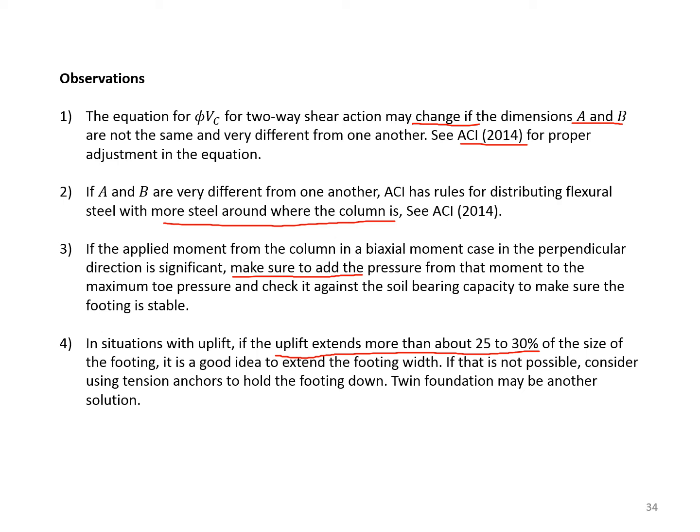So again, if this is the footing and this is a column, and we have a severe uplift happening, let's say in here, then we can use some tension anchors that have a big dead weight attached to them to prevent the uplift from happening. But again, this is only if you cannot extend the footing and fix the problem.